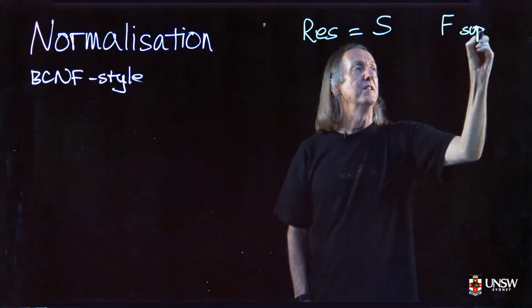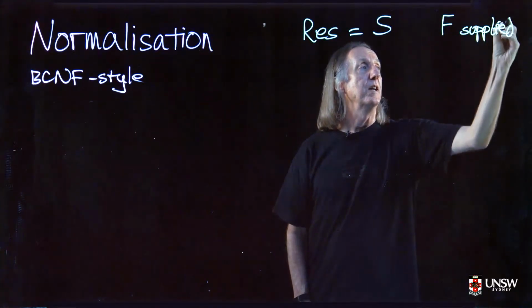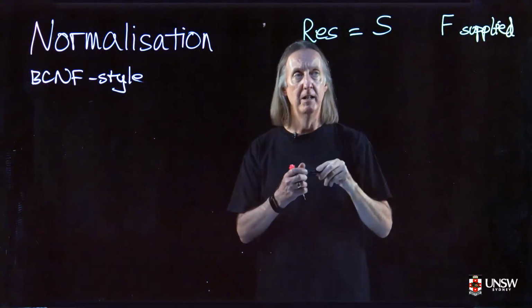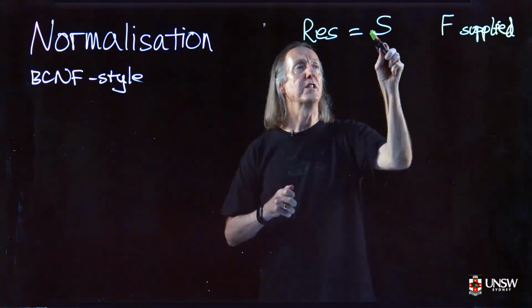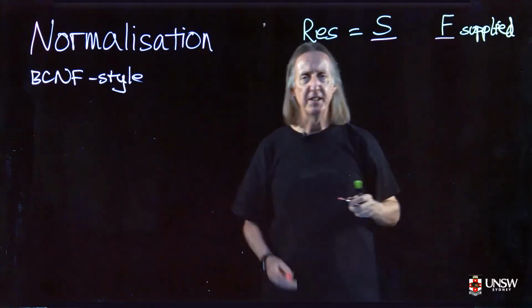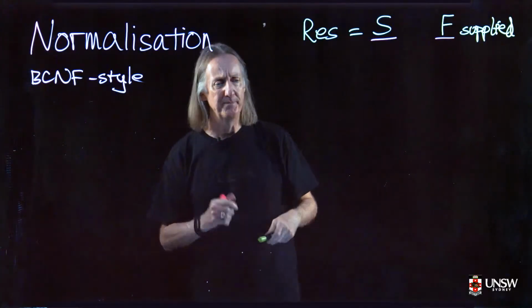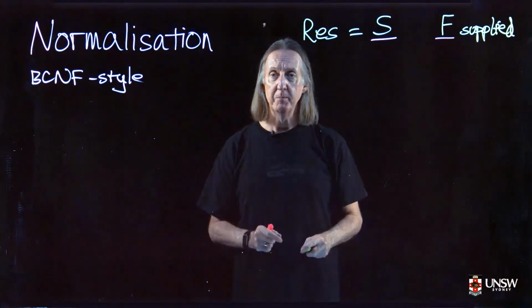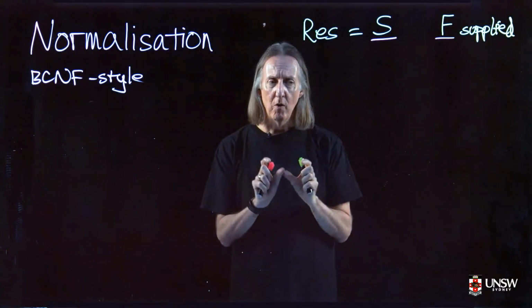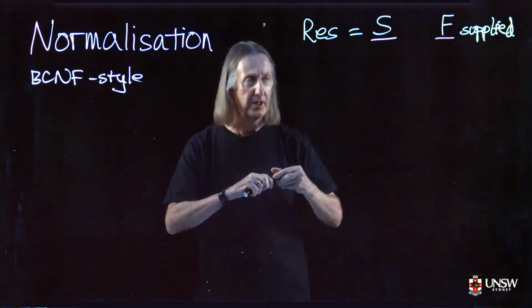So the inputs to this algorithm are this original schema, which is basically a set of all the attributes, and a set of functional dependencies on all of those attributes.